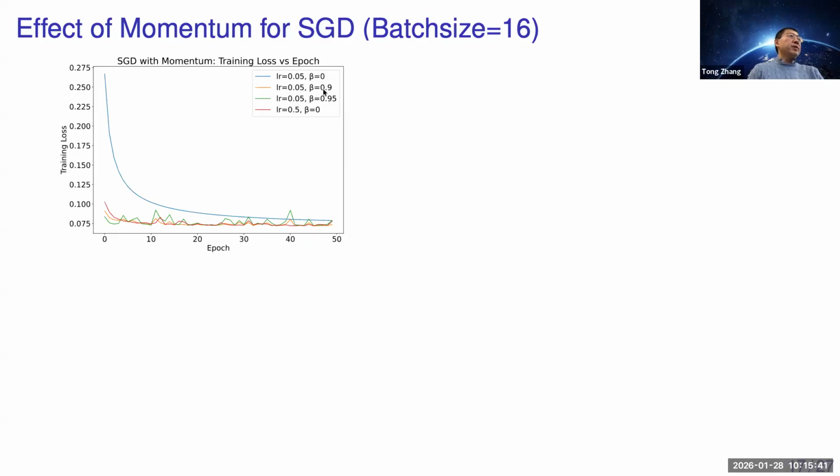Even with the smaller learning rate, beta somewhat accelerates your learning, and because of this 0.9, it's more like this one. Essentially, this one you can see converges much faster. And if you have too large, you have more oscillations.